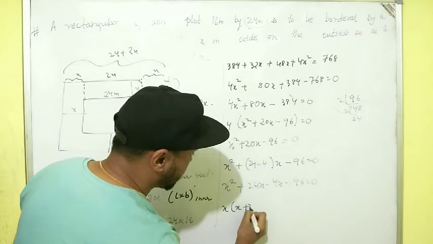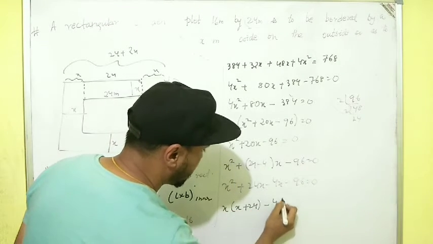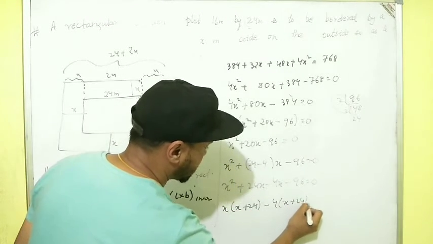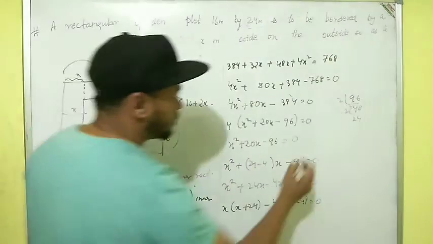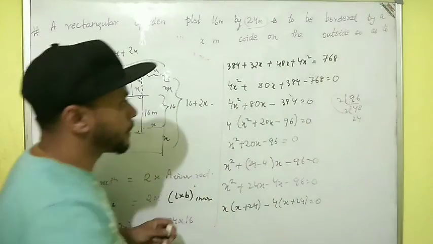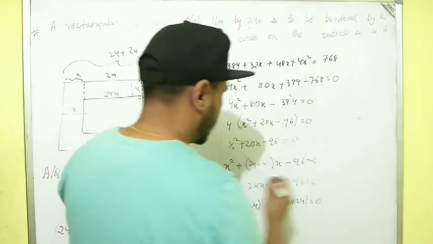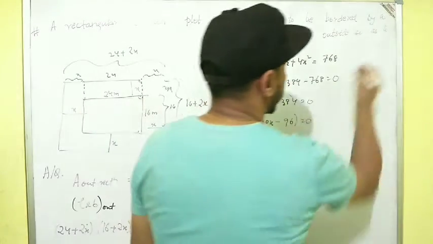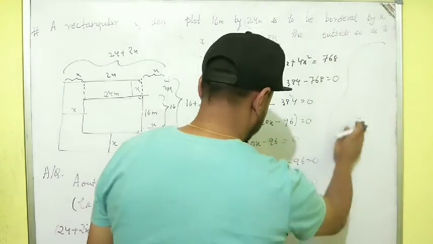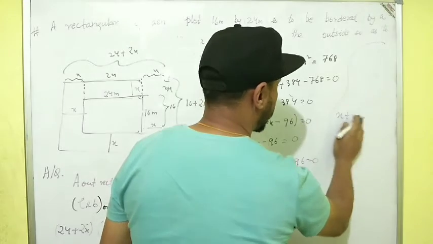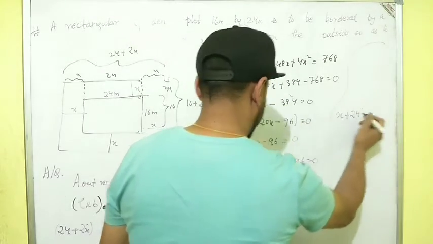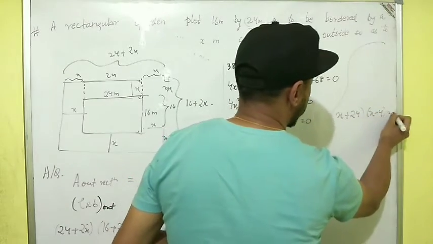So this will be x plus 24 minus 4 common, x plus 24 is equal to 0. Now this will be your x plus 24 and x minus 4 is equal to 0.